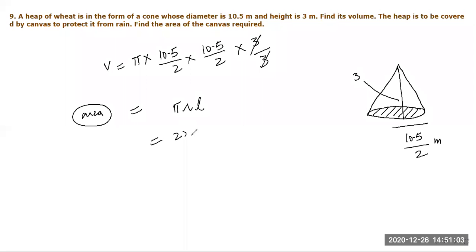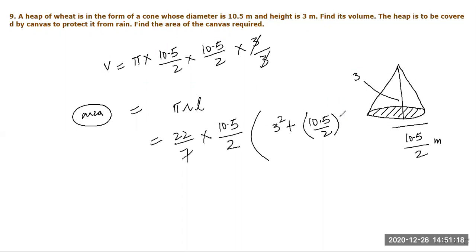That will be 22/7 into radius 10.5 divided by 2 into l, where l is the square root of 3 squared plus (10.5/2) squared. So you will get the area in meter square.